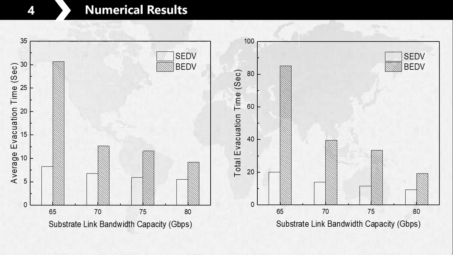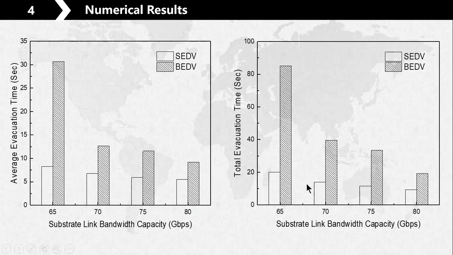After that, the bandwidth is upgraded, and it can guarantee the synchronous migration for dual VM by adjusting the migration bandwidth in proportion. So the evacuation time cannot be prolonged. But for BEDV, it only finds the shortest path and then occupies all the available bandwidth. So it is leading to a long evacuation time for individual virtual network.